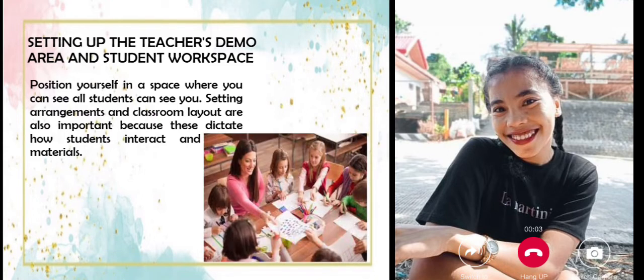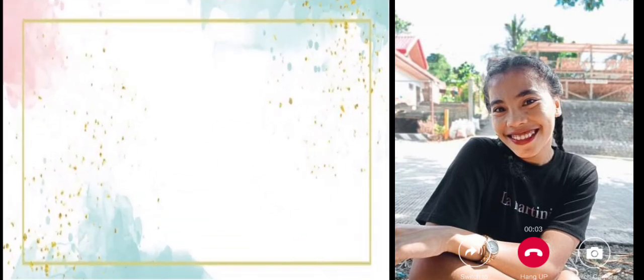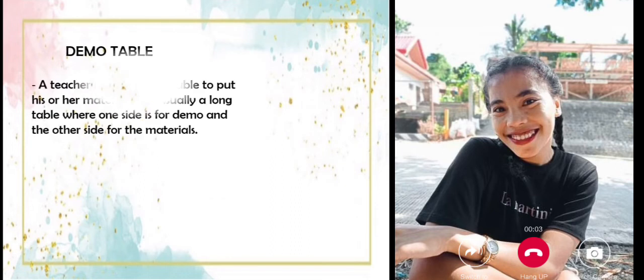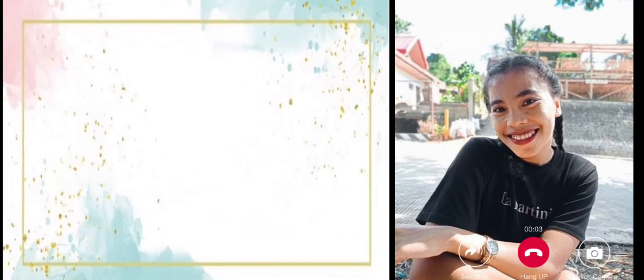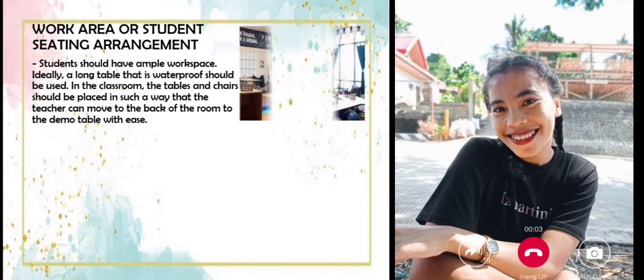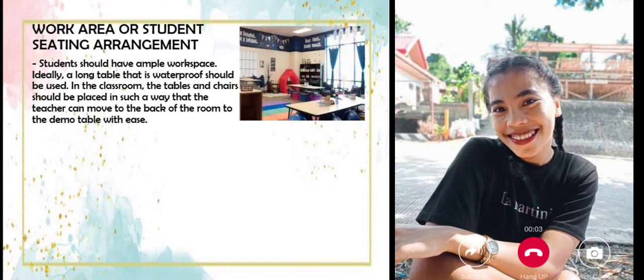First is the demo table. A teacher needs a demo table to put his or her materials. It is usually a long table where one side is for demo and the other side is for the materials.